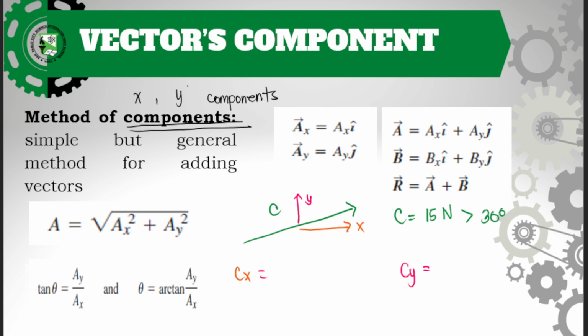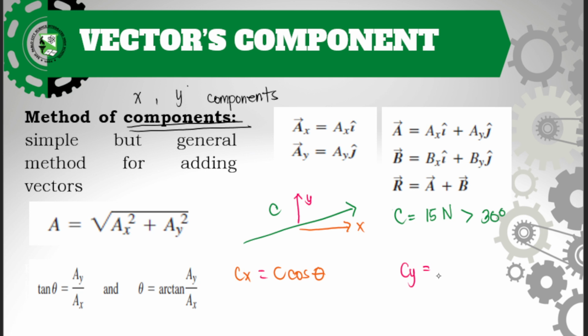Kung i-arrange mo yan in the form of a triangle and ipaprocess mo gamit ang SOHCAHTOA, para makuha mo yung Cx, lalabas dyan yung equation na C cosine theta. Bigay ko na lang sa inyo ito para hindi na kayo mahirapang mag-derive.